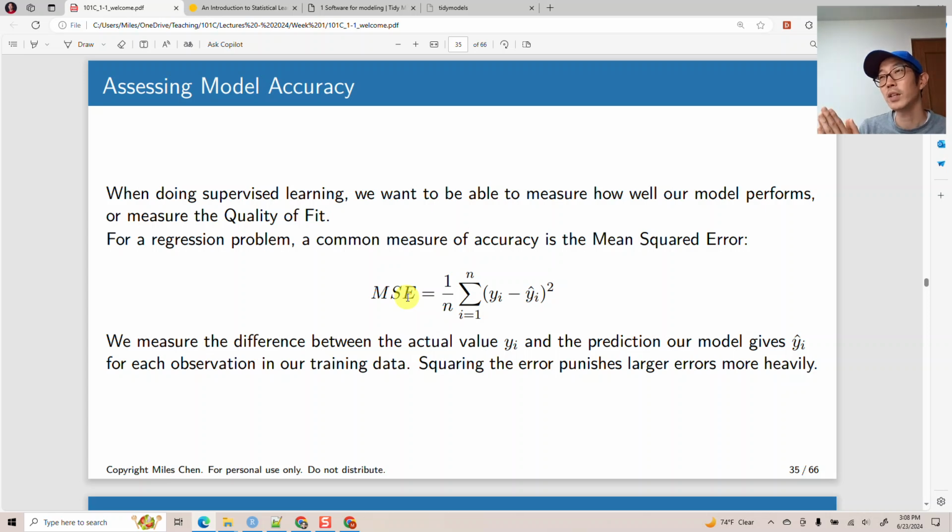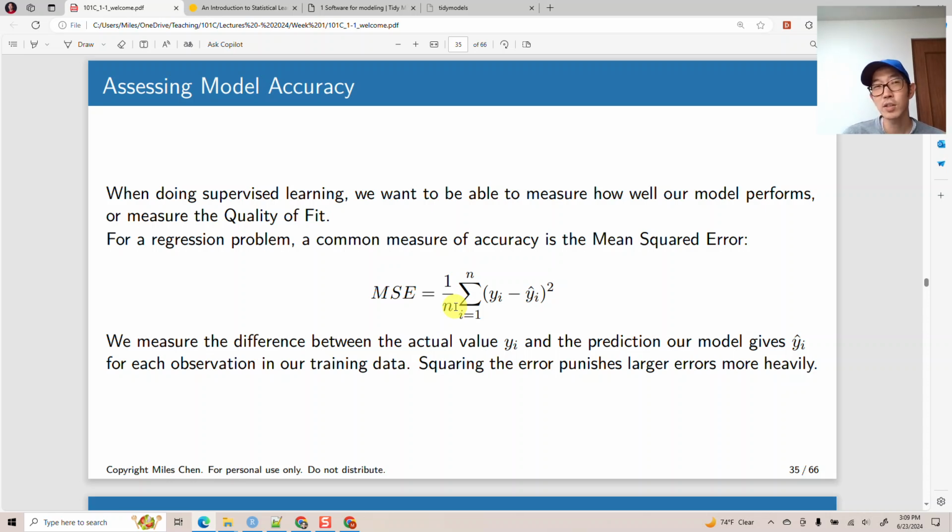The other model has 9 correct, no error, but one wrong by 10 points. When you square that error, 10 squared becomes 100. So you have 0 error for 9 observations, and the last one has 10 squared, 100. So you have a total squared error of 100 points divided by 10 observations. Your mean squared error is 10.